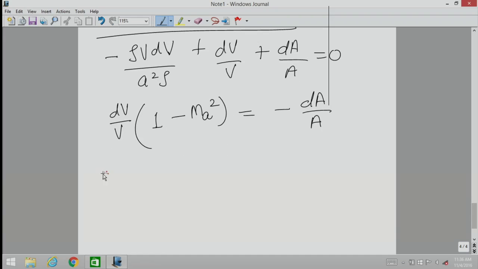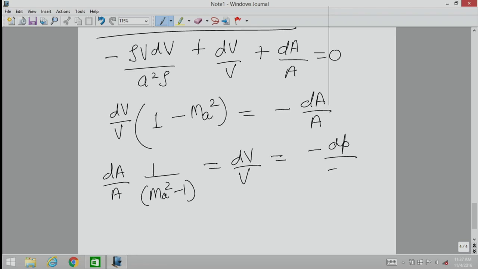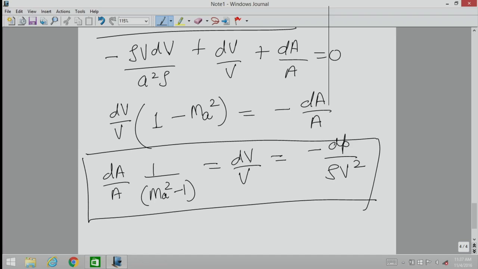From here what one can get is dA by A. So for a flow in a duct, I get a relation like this: dA by A into 1 by Mach square minus 1 is equal to dV by V is equal to minus dP upon rho V square.